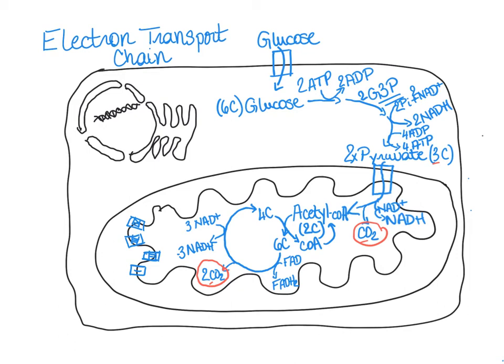So the electron donors in this electron transport chain are the NADH molecules and FADH2, right? And it doesn't matter where they were generated. NADH can donate to complex 1, and that means it's oxidized to reform NAD+, which can go back and pick up more electrons.